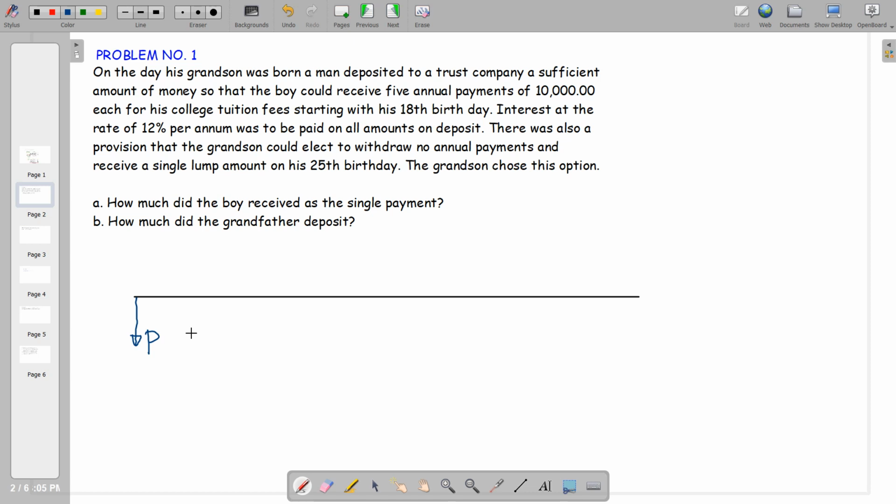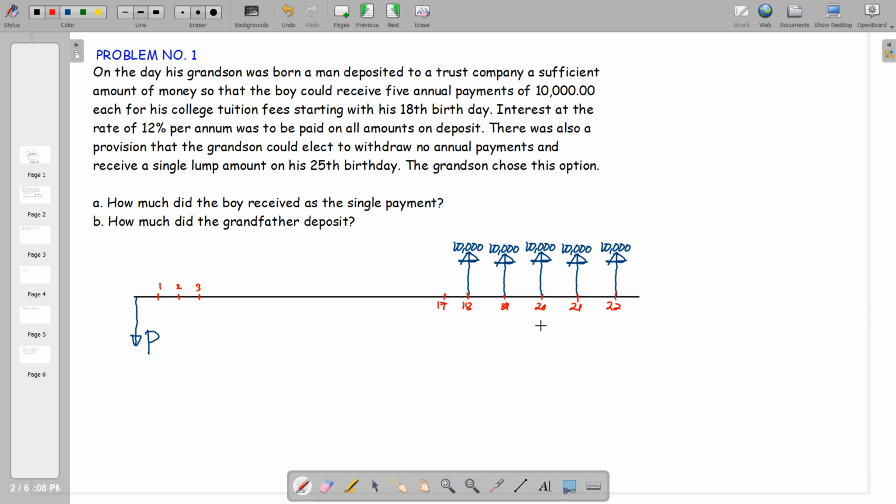So that starting counting from this present time up to the 18th birthday of his grandson, the grandson could withdraw 10,000 pesos. And that should be 5 consecutive withdrawals according to the condition. So from 18 to 22, there will be 5 consecutive 10,000 withdrawals.